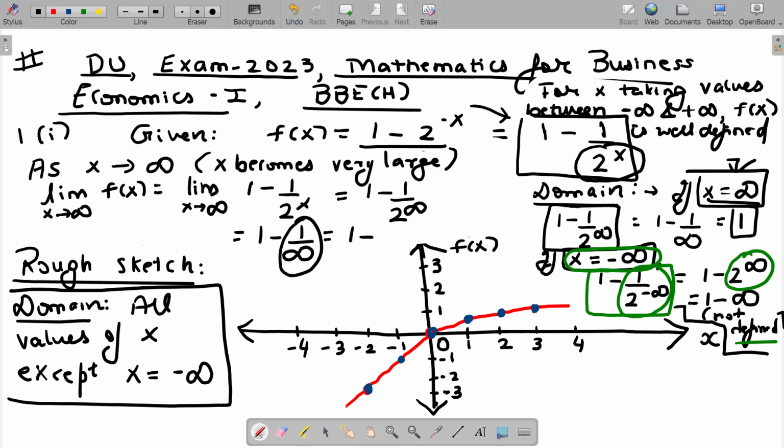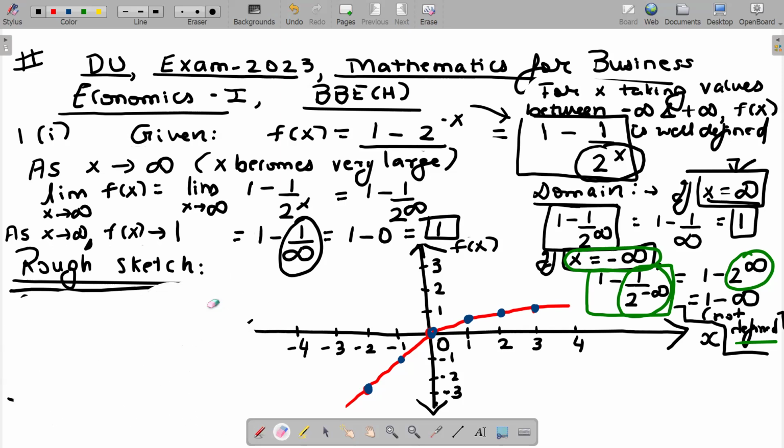And 1 minus 1 over infinity is 0. So 1 minus 0 is 1. That means as x tends to infinity, f of x tends to 1. And now let us see what happens as x tends to 0.